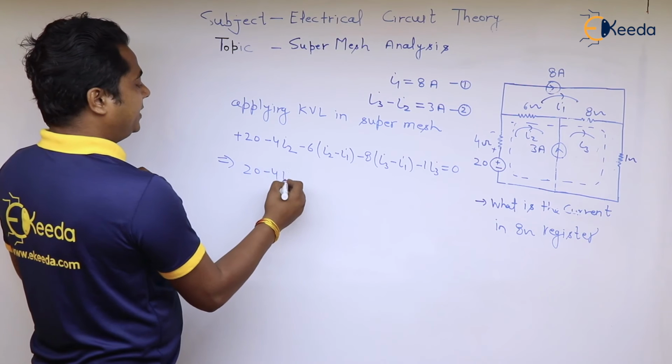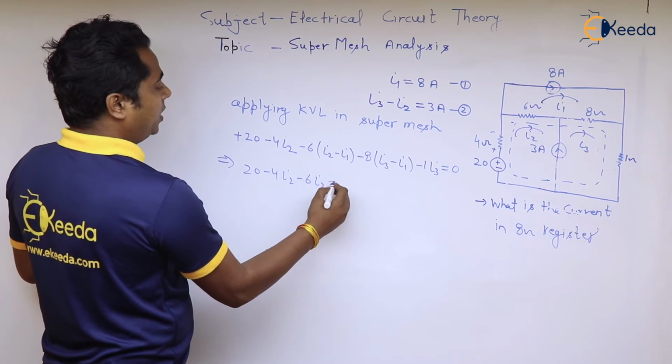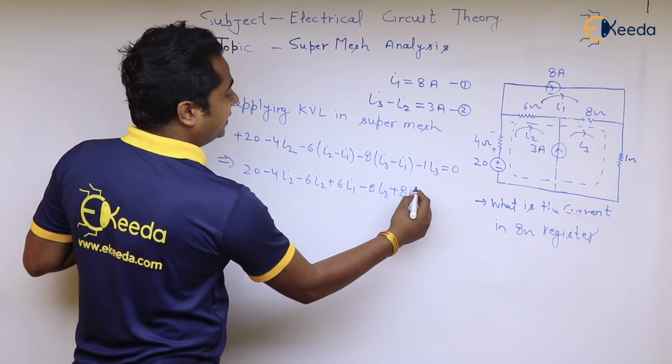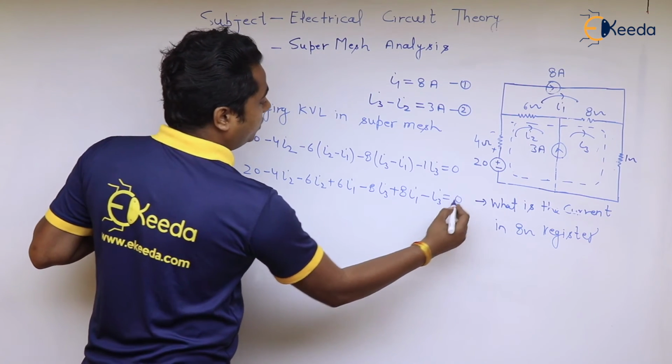So 20 minus 4I2 minus 6I2 plus 6I1 minus 8I3 plus 8I1 minus I3 is equal to 0.